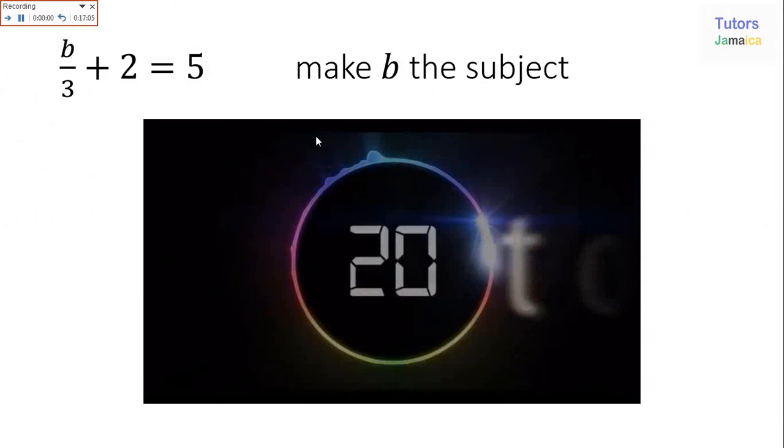So let's look at this other one. B over 3 plus 2 equals 5. And we are going to make B the subject of the formula. Again, 20 seconds to go ahead and try this one.